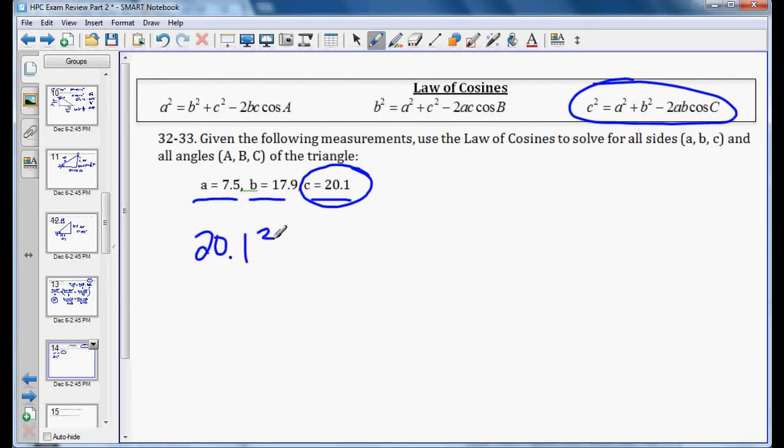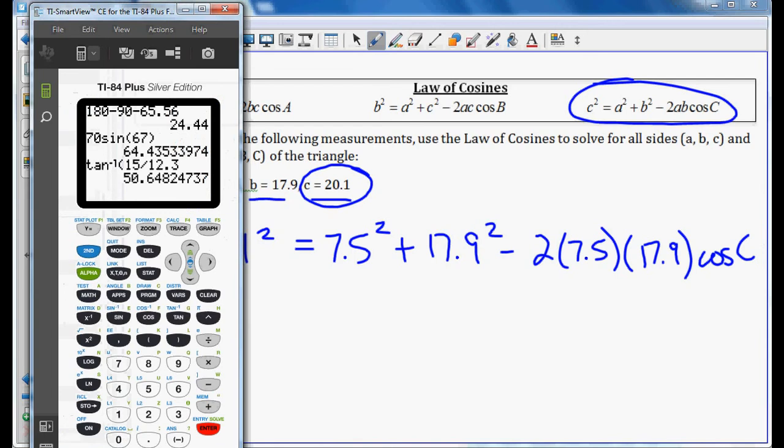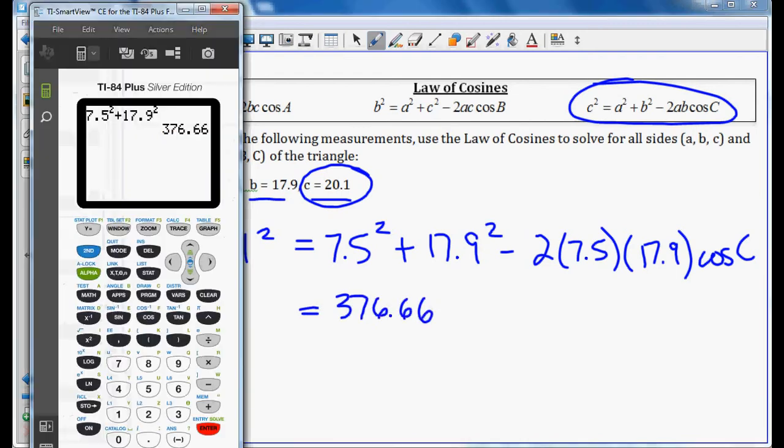Okay, remember, you got to make sure you simplify correctly here. The 7.5 squared can be added to the 17.9 squared. You get 376.66, and we'll go and do the 20.1 squared, 404.01, and then this we can combine, 2 times 7.5 times 17.9, and get 268.5.